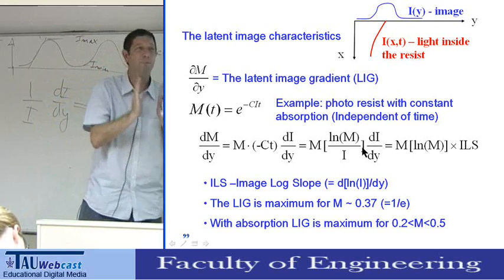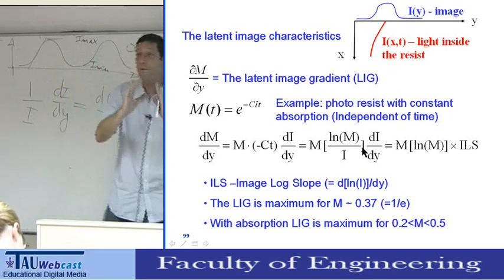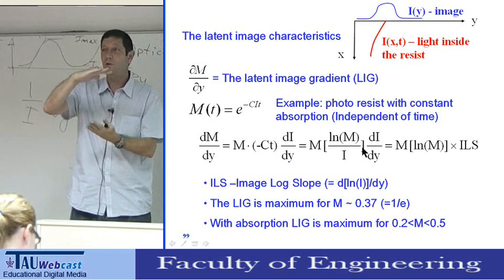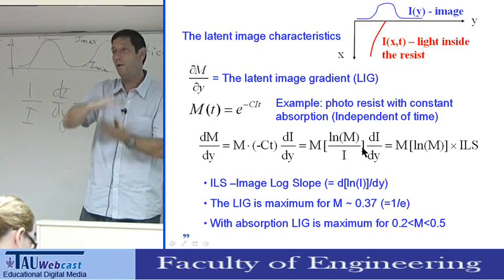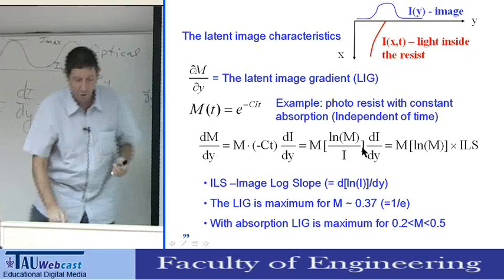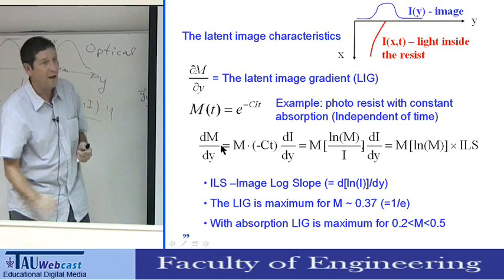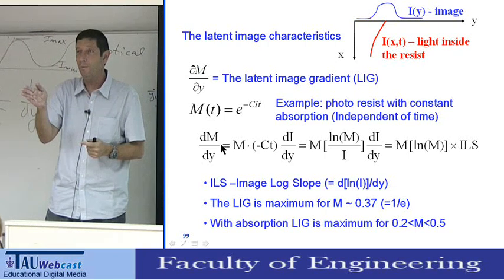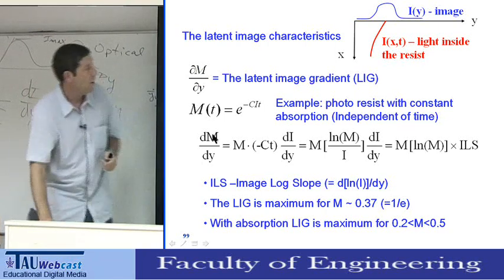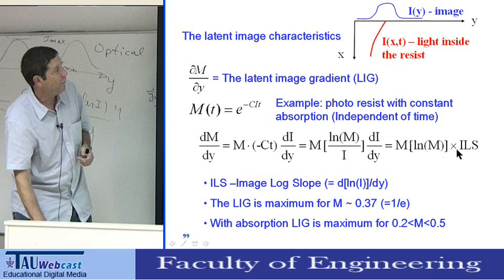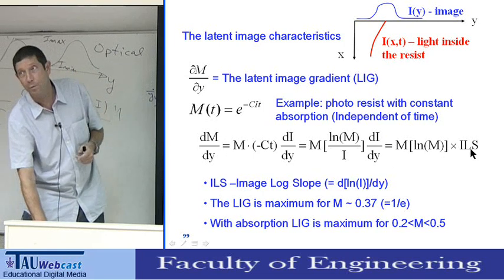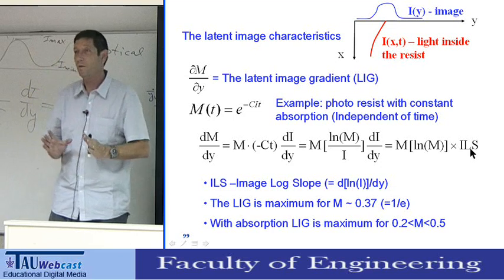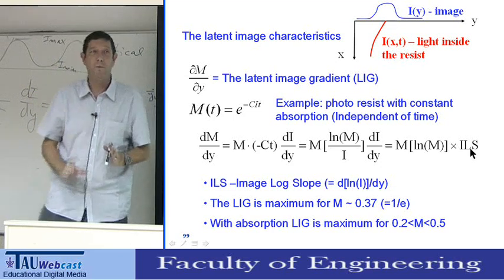The most important parameter in the optical image is not the value of the image, but the slope of the log of the image. Because the dM over dy, which defines the lateral variations in the photoactive compound, is a function of, we call this function ILS, image log slope. It's such an important variable that we give it a special name, image log slope.